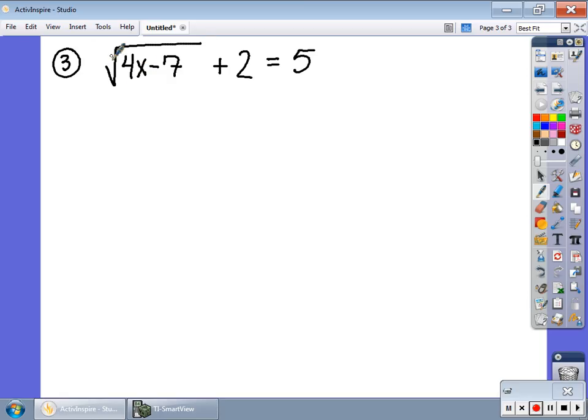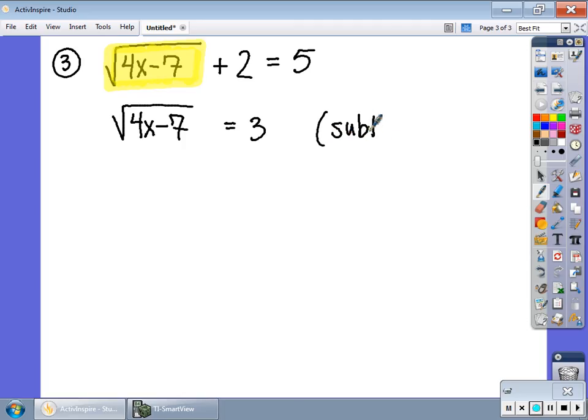So what we need to do is solve for this piece first, that whole square root. So this 2 needs to come over there. And so we're going to subtract 2 from each side. Square root 4x minus 7 is equal to 3. And again, what we did was we subtracted 2 from each side.